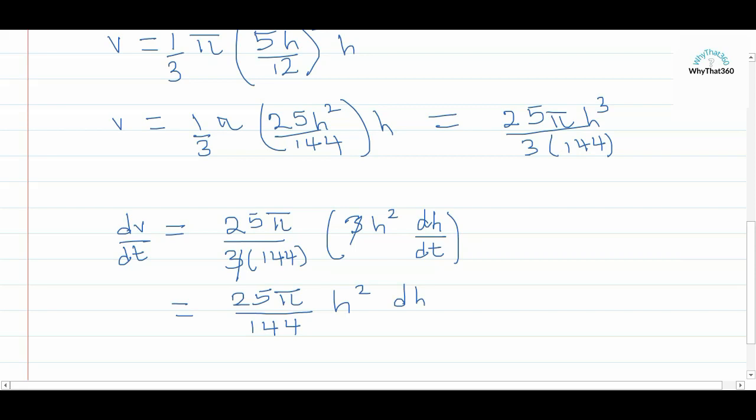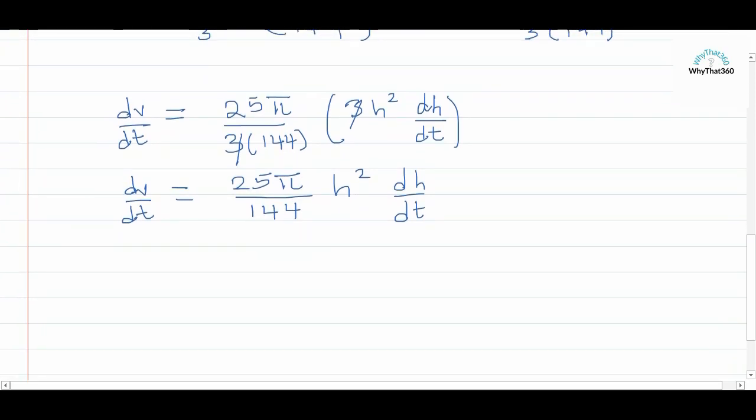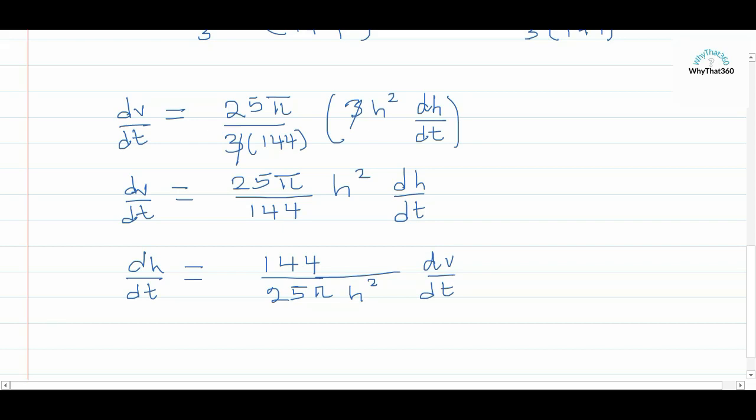Let's make dh/dt the subject here. dh/dt will be equal to 25 pi out of 144, and then at the denominator side we will have h squared, and at the numerator side we are going to get dV/dt. I believe that's correct.